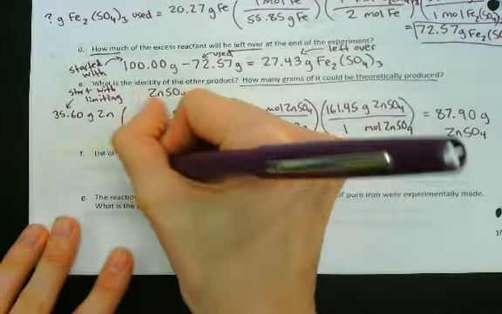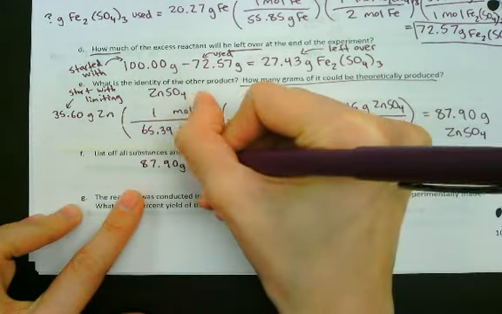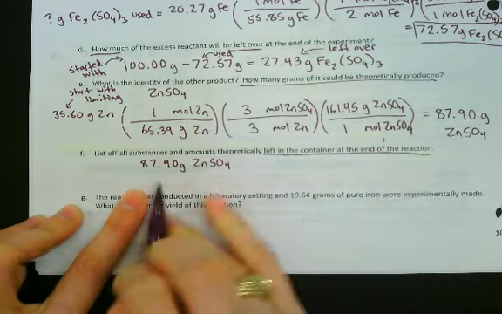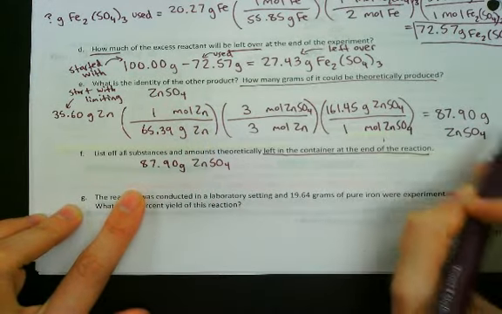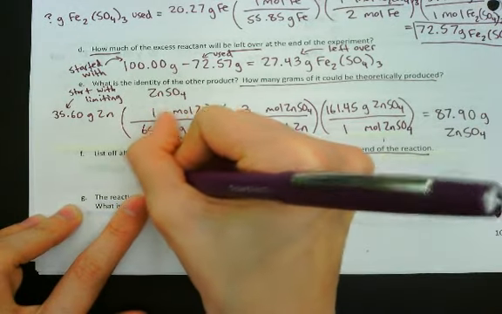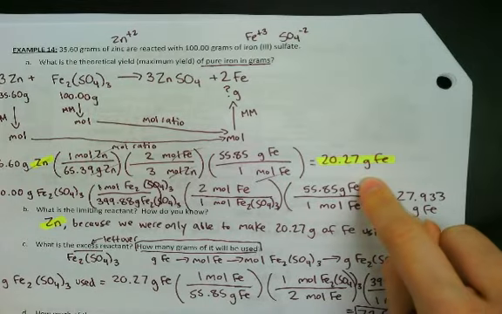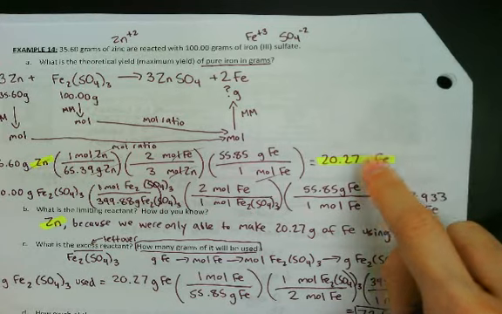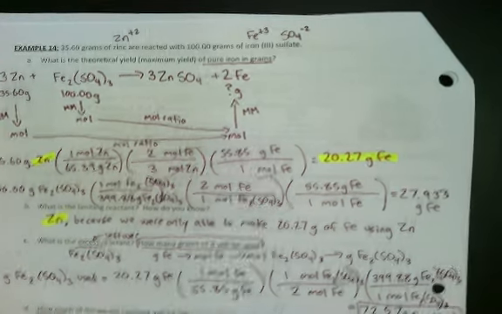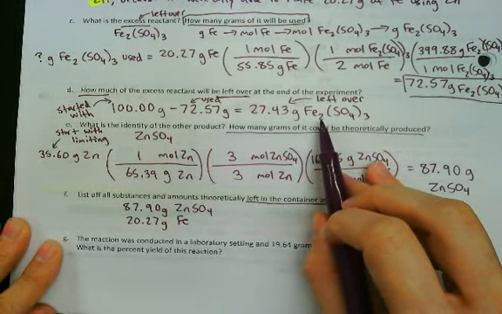So we're going to have 87.90 grams of zinc sulfate, because we just calculated that's how much zinc sulfate product we're going to make. We're going to have 20.27 grams of iron, because again, up here we figured out that with that amount of zinc, we could make this much iron. And then last but not least, we're going to have our leftover iron 3 sulfate.